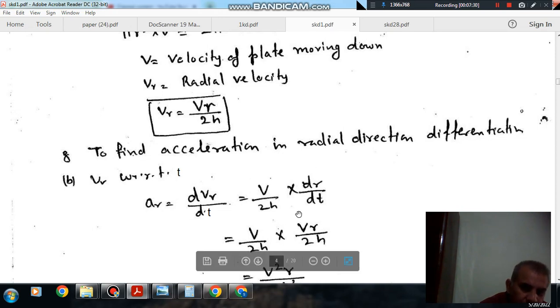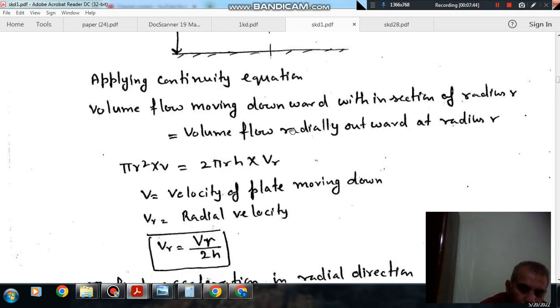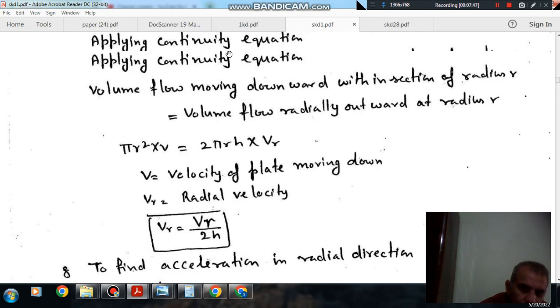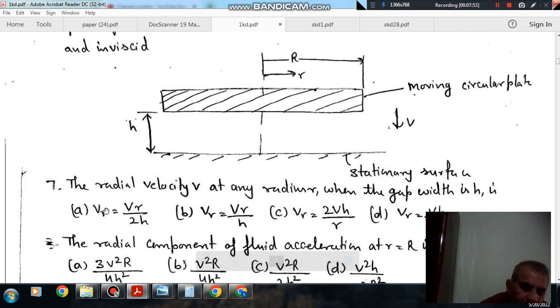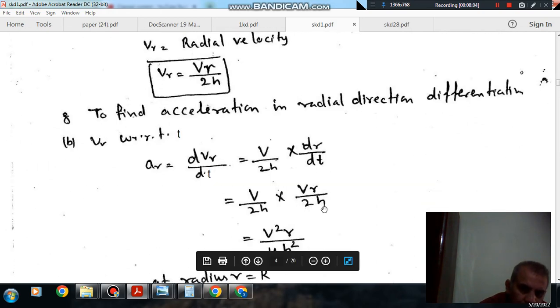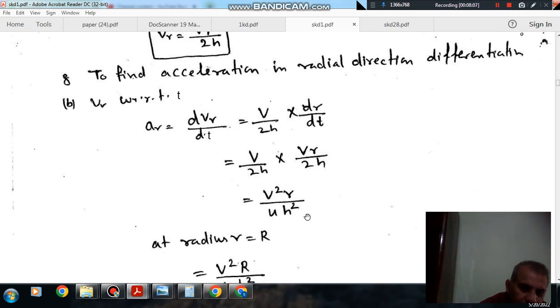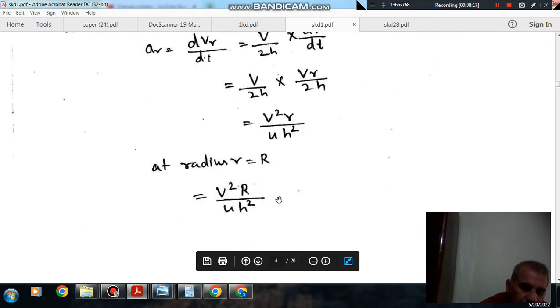So this is dr/dt, and dr/dt is Vr, which we found earlier as Vr/2h. So the acceleration in the radial direction will be V²r/4h². So at radius r = R, we have V²R/4h².